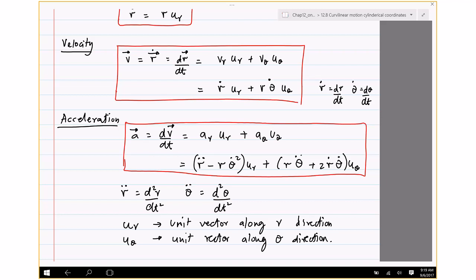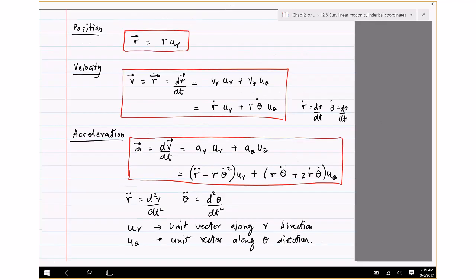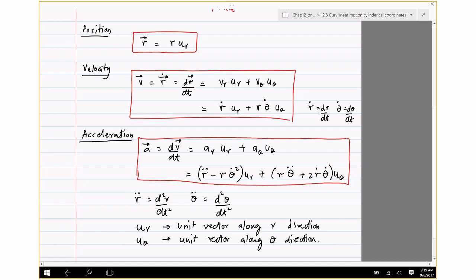Okay, so what we'll do is we'll try to see how to apply these formulas and do some word problems.